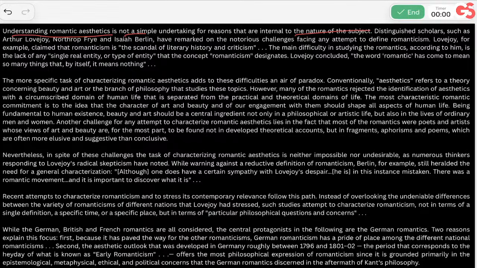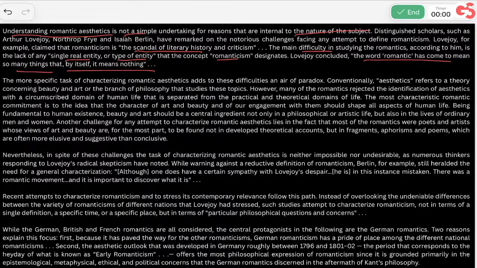Basically बोलना चाह रहे कि define नहीं कर सकते. Lovejoy, for example, claimed that romanticism is the scandal of literary history and criticism. The main difficulty in studying the romantics, according to him, is the lack of any single real entity or type of entity that the concept romanticism designates. Lovejoy concluded: the word romantic has come to mean so many things that by itself it means nothing.